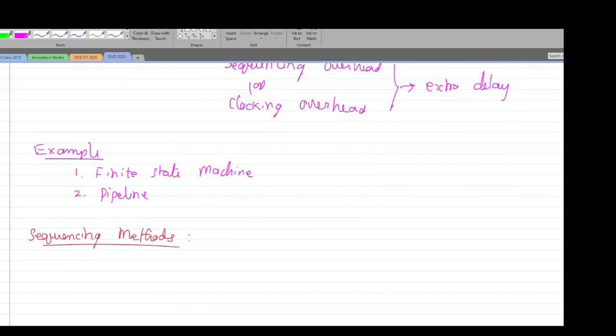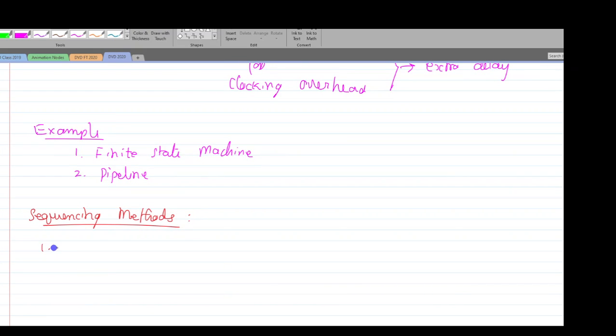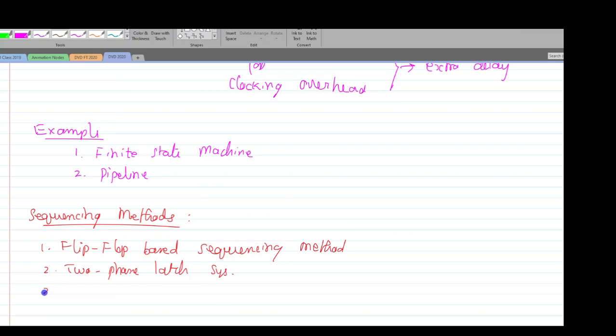There are basically three types of sequencing methods. The first one is the flip-flop based sequencing method, the second one is the two-phase latch system, and the third one is the pulsed latch system.